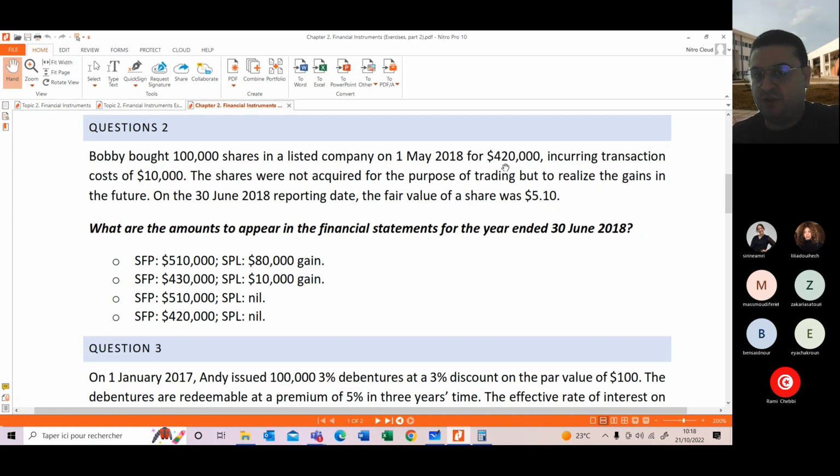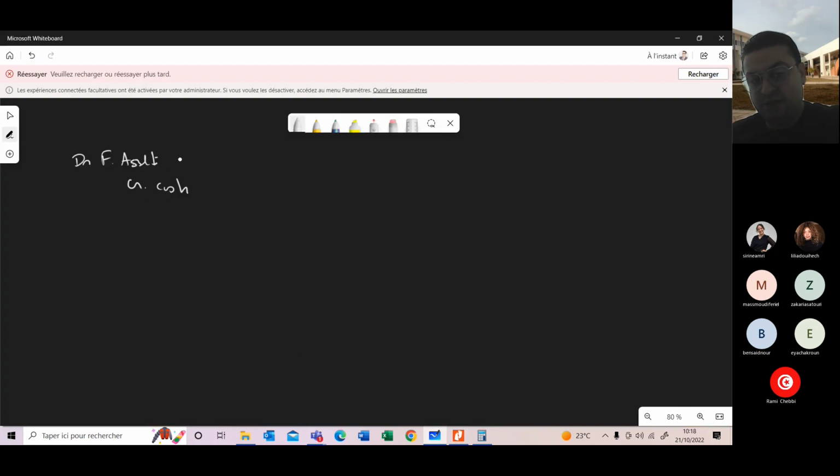We have the cost, which is 420,000, and the incurred transaction cost of $10,000. So you add this to the financial asset. So from the perspective of the investor, any acquisition cost should be recorded with the investment. So 430,000 is the initial measurement.